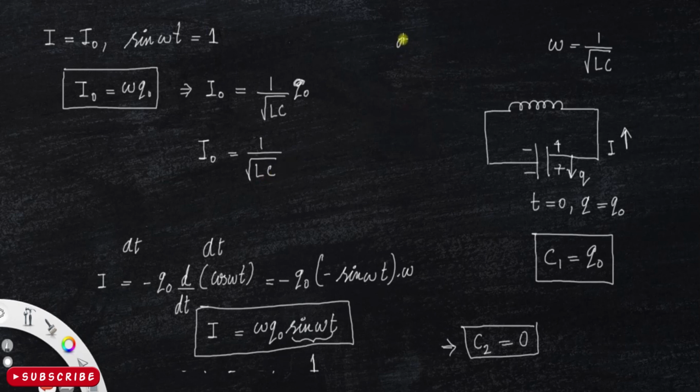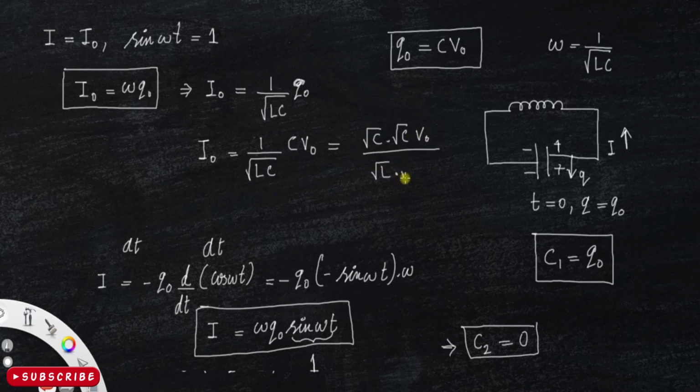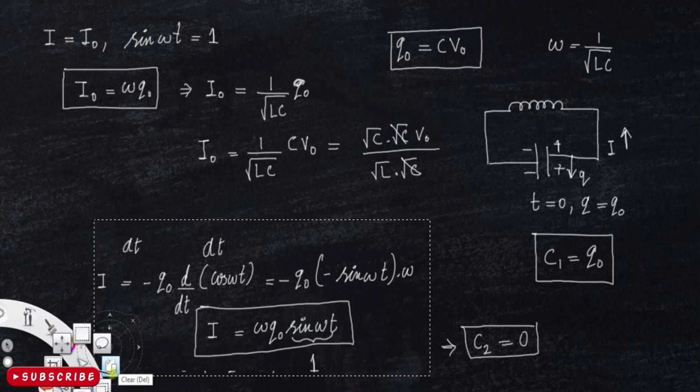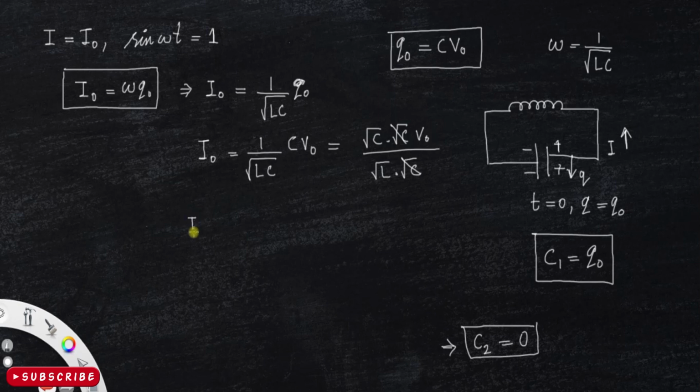For a capacitor, the charge stored is equal to capacitance into maximum voltage, so q0 equals C V0. Substituting this value, I can write C as root C into root C, times V0, divided by root LC, which means root L into root C. Cancel the root C, so that I0 will be V0 times root of C by L. So this is the maximum value of current.